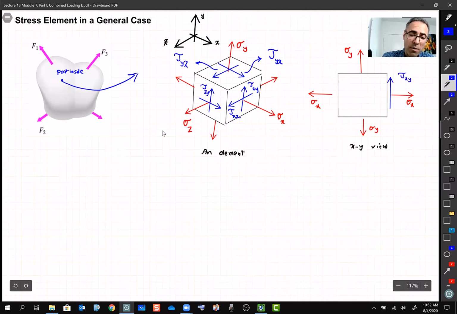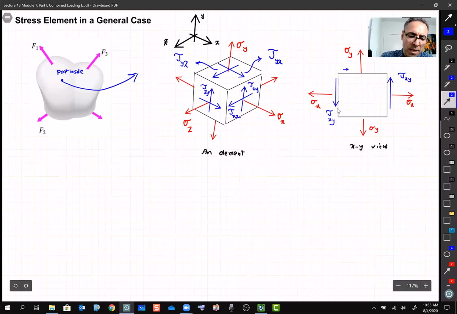If I have a tau xy here, I have to have another one here, but because we are in static, the other one has to be the opposite direction, right? Remember, if this is sigma y, the other one is in the opposite direction because they have to cancel out each other. If I have tau xy, this one is coming down and it has to be the same magnitude. It has to be tau xy.